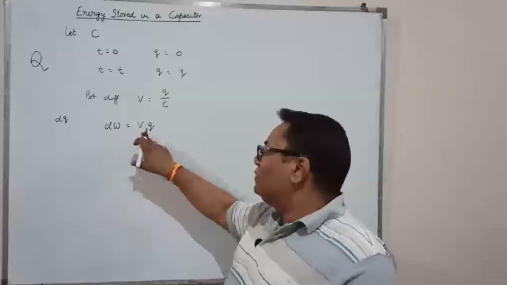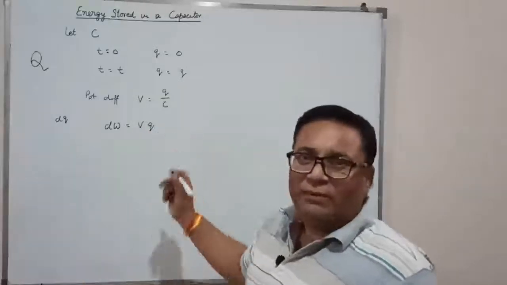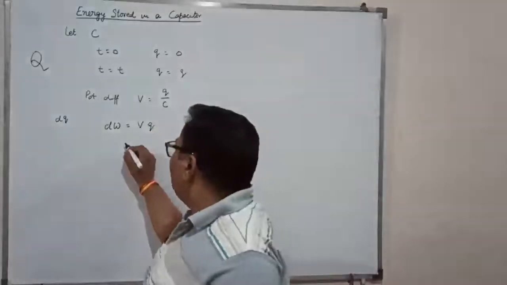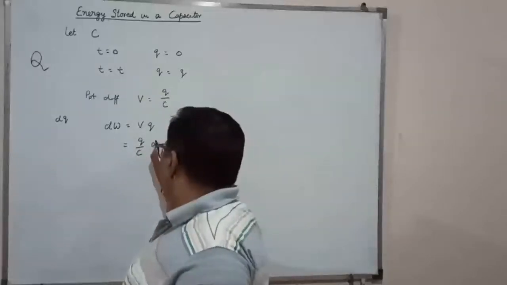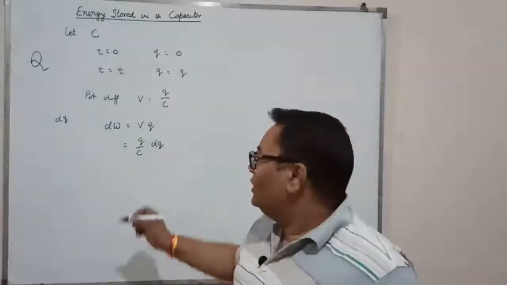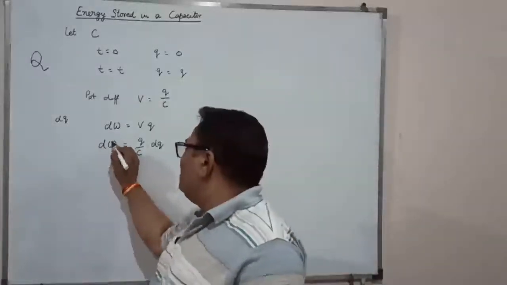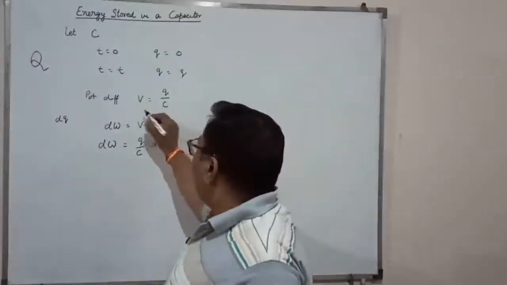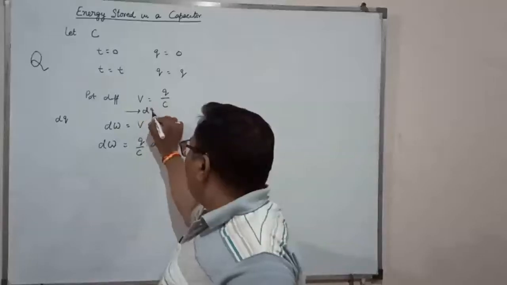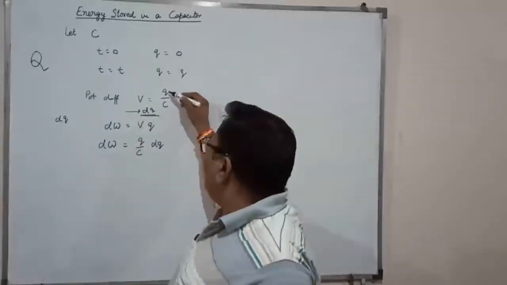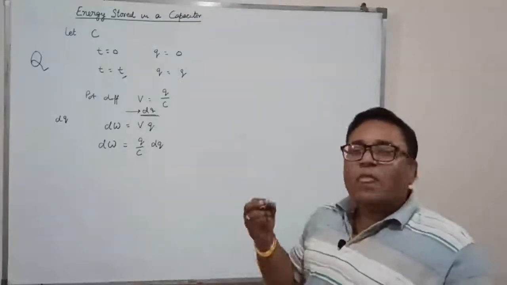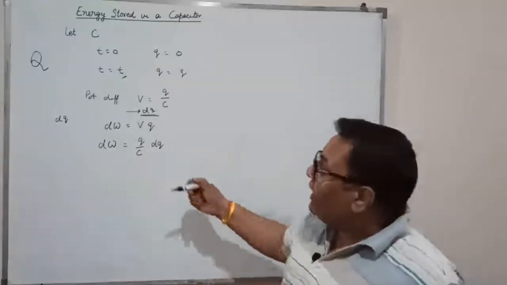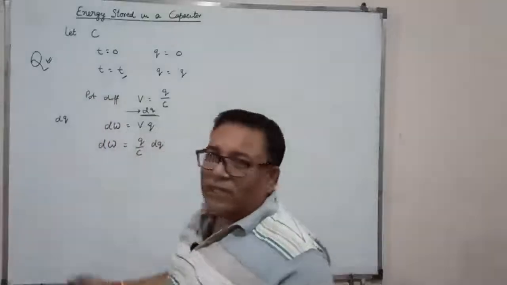Work done is equal to potential difference multiplied by charge, that is q by C into dq. This is the small amount of work done to provide the dq charge to the capacitor after the time t. Clear?